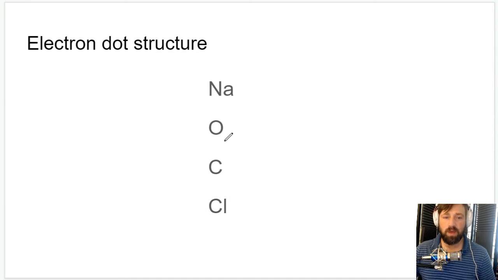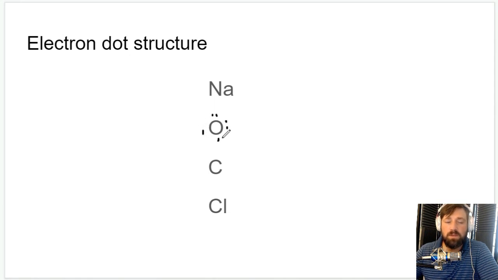Now let's go through and look at some of these covalent non-metal compounds. For oxygen, you would see that oxygen has 6 valence electrons. So you would say 1, 2, 3, 4, 5, 6. Now this tells you something interesting about oxygen. Oxygen is going to have 2 single electrons hanging out.